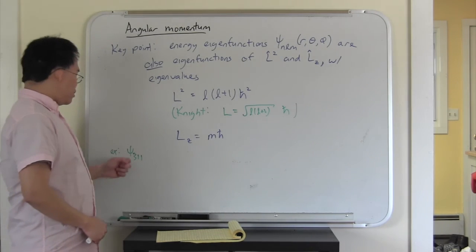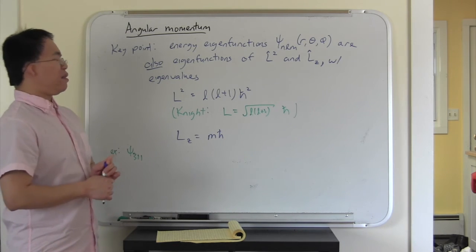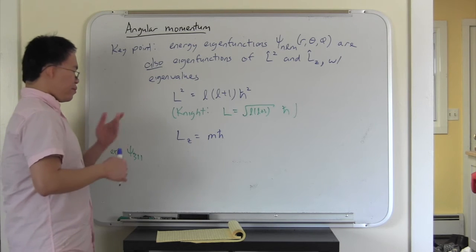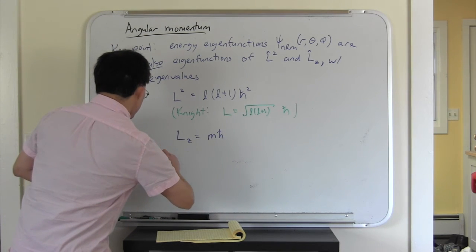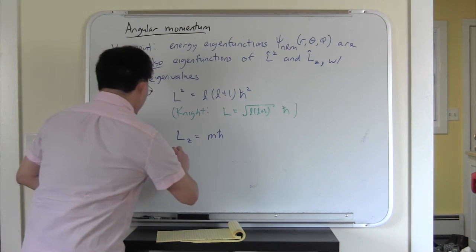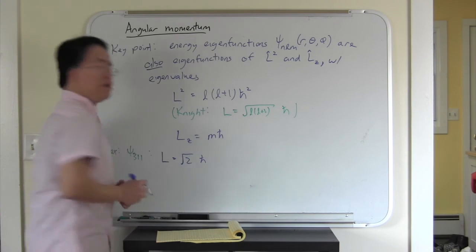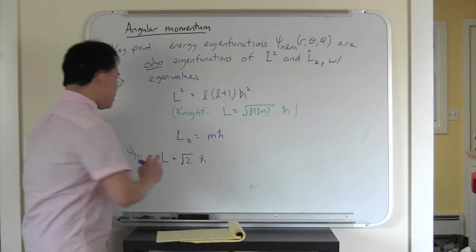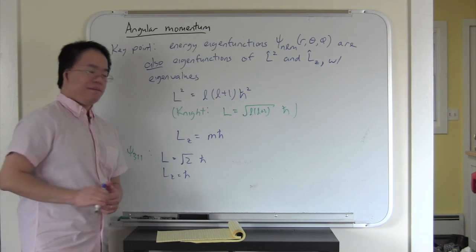So the clicker question had you look at this 3-1-1 state, and for 3-1-1, L ends up being root 2 h bar, whereas Lz is h bar.